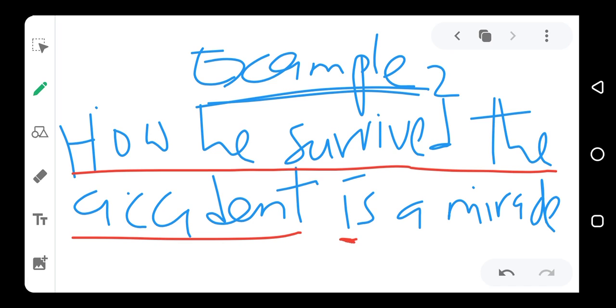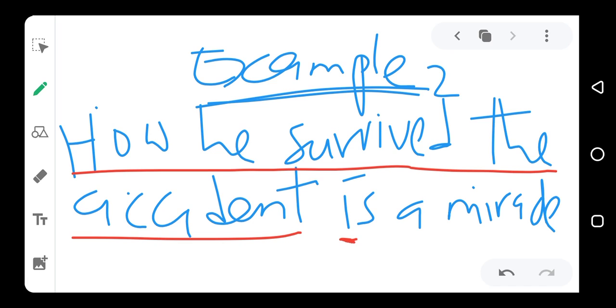So that the person will now explain further that he survived an accident. Therefore, this word still retains the same meaning. It is a miracle. When we put an appropriate pronoun, it still retains the same meaning. Therefore, this how he survived the accident is a noun clause. We have confirmed that it is a noun clause.